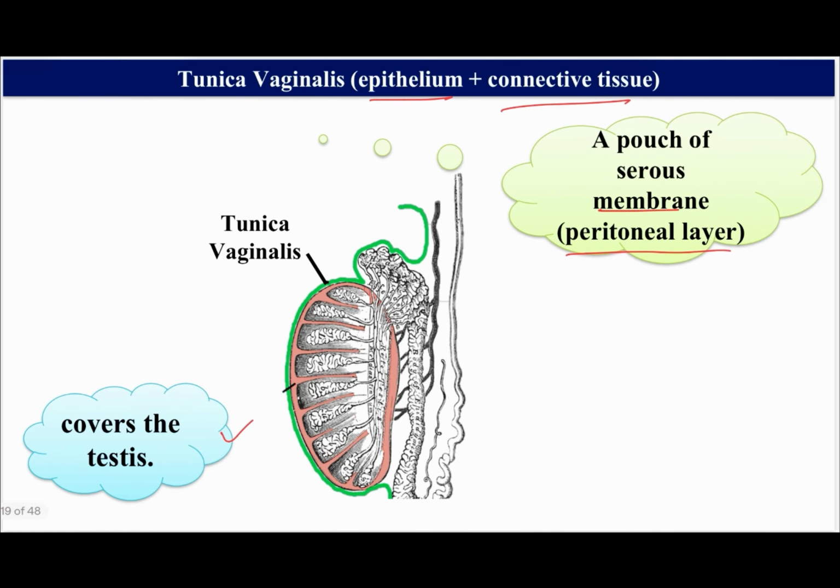So we have learned that the testis has two layers: one is the tunica vaginalis and another is the tunica albuginea. The albuginea divides the testis into different lobules, and the tunica vaginalis is the outer layer.